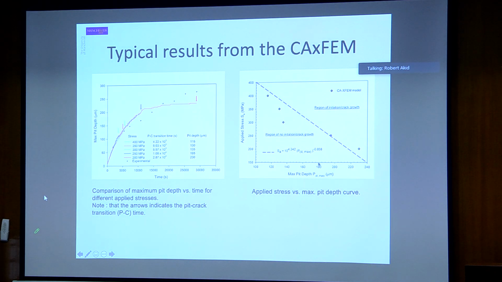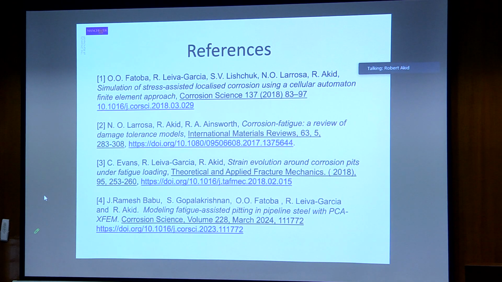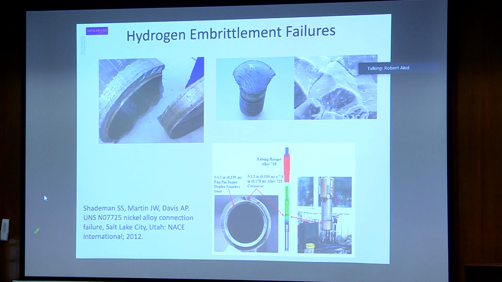And as you can see, as the pit size increases, the stress required for cracking decreases. So that's useful information for looking at residual strength effects. There's a number of references that people can refer to, and I can make those available.